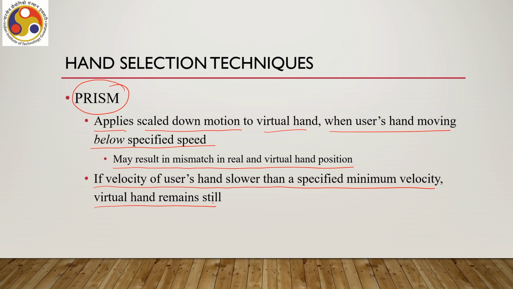That means, if we reach closer to a distant object and we reduce the speed of our hand, then the movement of the virtual hand slows down, and if we stop our physical hand, then it stops there, so that it is easier to select the object. This particular feature is not there in the go-go technique.